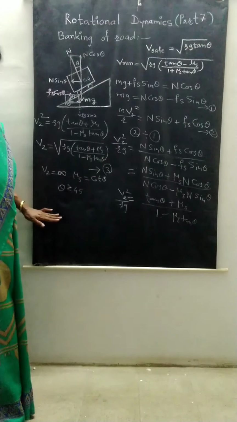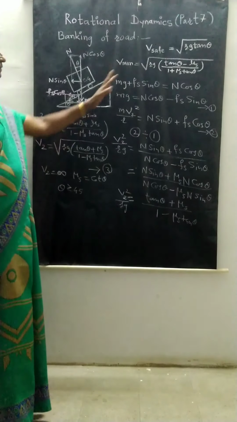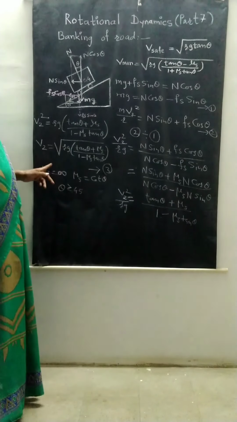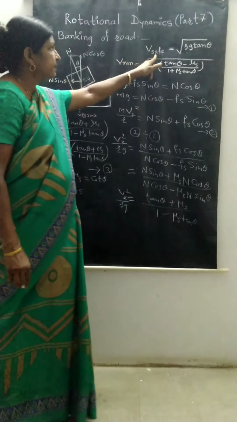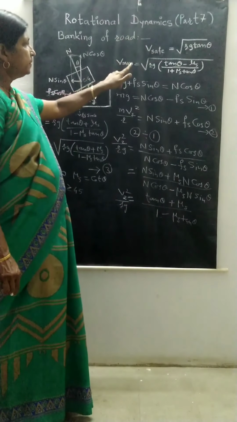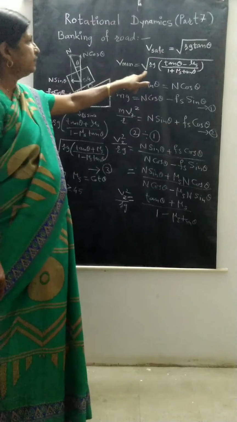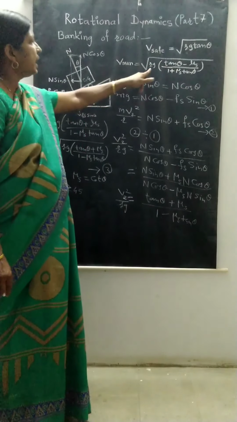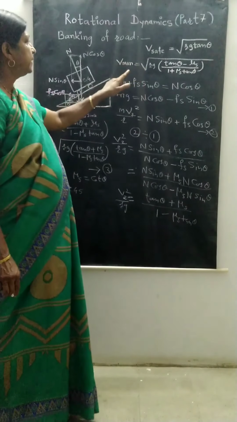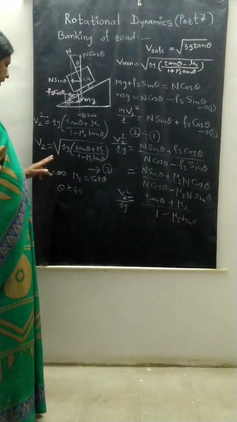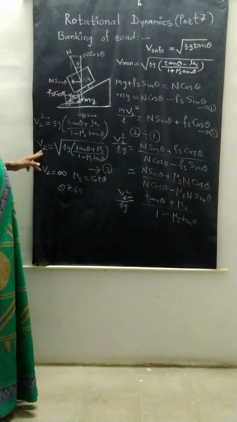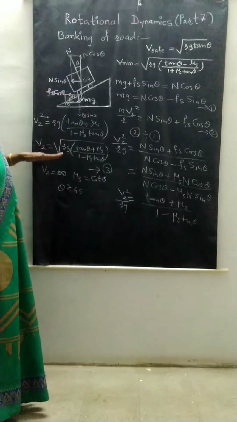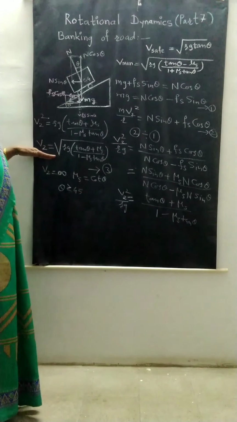So using these equations we can find out the most safe speed. If theta and mu are given, and R is also given, then we can find out V minimum, as well as the V2 means the maximum speed, that is the upper speed limit.